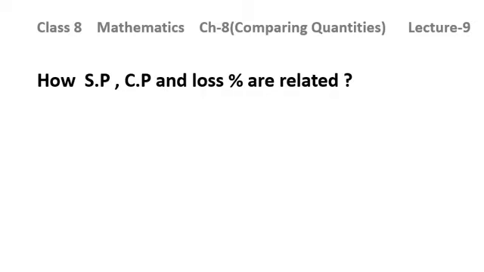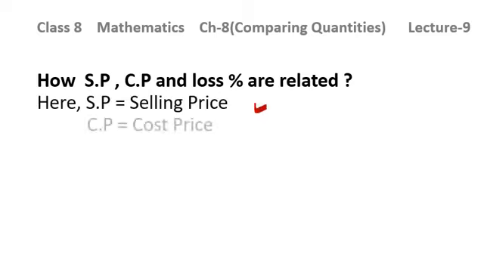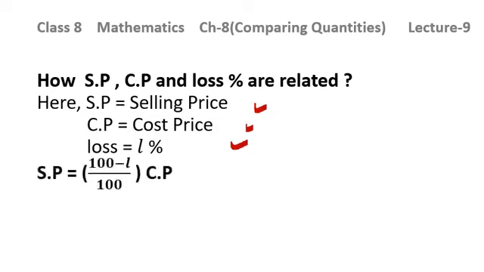Now coming to SP, how SP, CP and loss percentage are related to one another. SP is selling price, CP is the cost price, loss is given to you in percentage. Then the formula in terms of SP will be 100 minus loss percentage over 100 into CP.